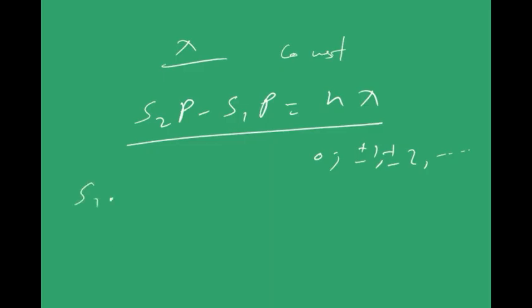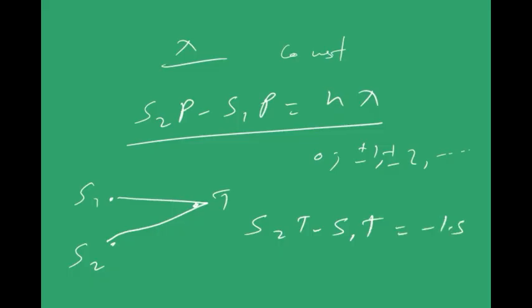Now consider this case where you have some point T, and here the path difference S2T minus S1T is, say, minus 1.5 lambda, that is 1.5 times the wavelength. Now what will be y1 in this case? A cos omega t, say, and y2 will be A cos of omega t plus 3 pi.